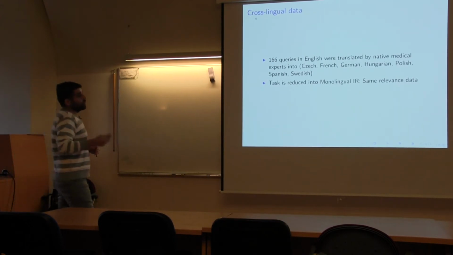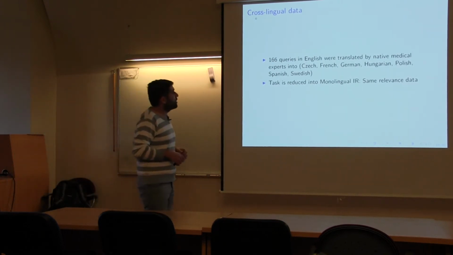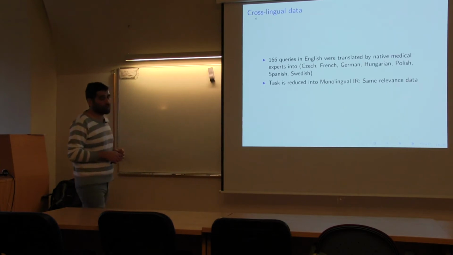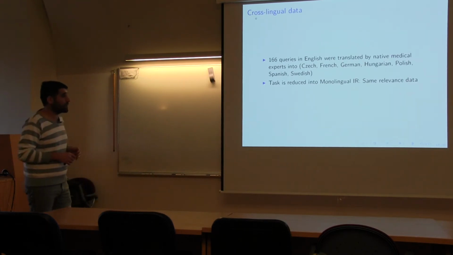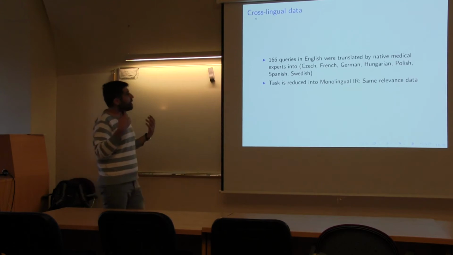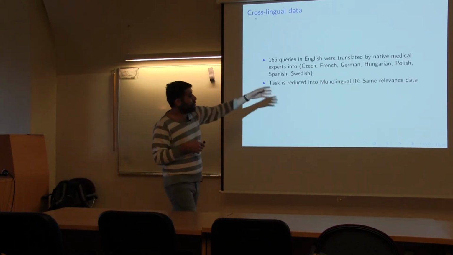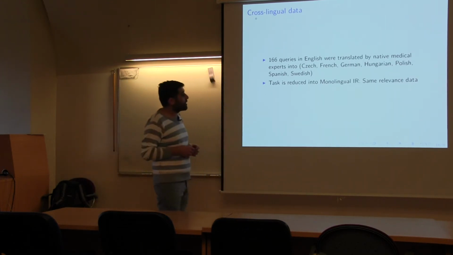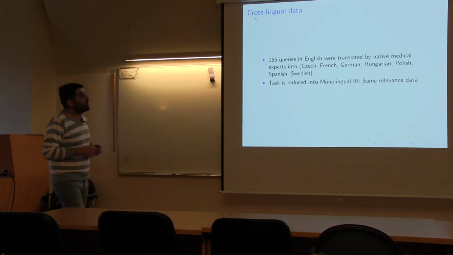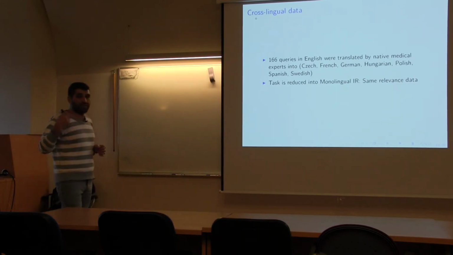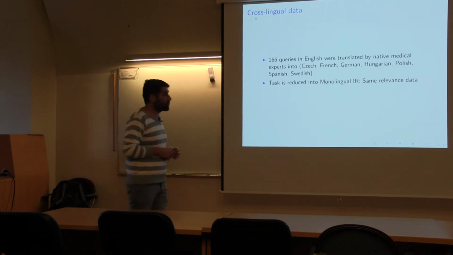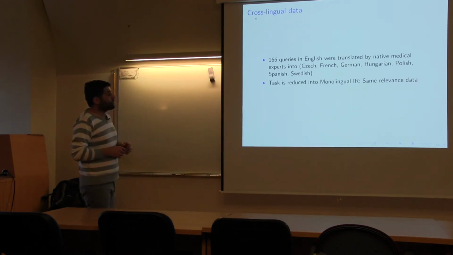So to conduct cross-lingual IR experiments, we translated the 166 queries we talked about into these 7 languages: Czech, French, German, Hungarian, Polish, Spanish, Swedish, by asking native medical experts to do so.